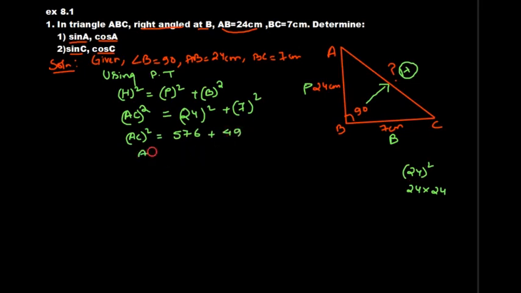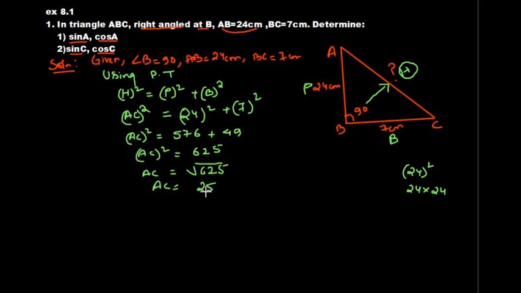So we have AC square is equal to 576 plus 49, which gives us 625. So AC square, I hope you know that if we transfer this square, it becomes a root. So AC is equal to the root of 625, and the root of 625 is 25.